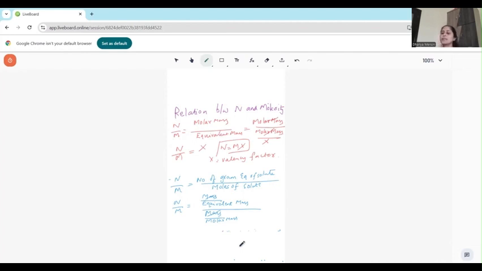So this was about the relationship between normality and molarity. Just a basic question we will do based on this.